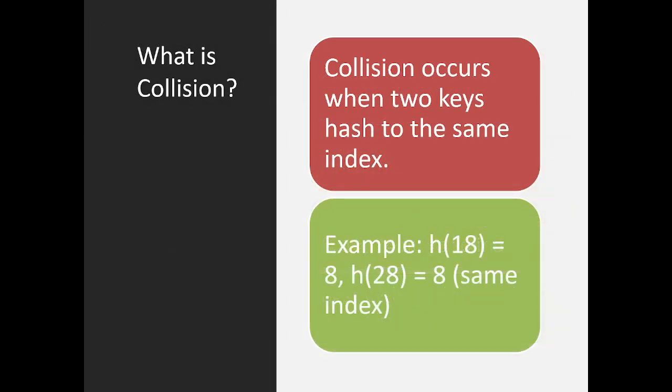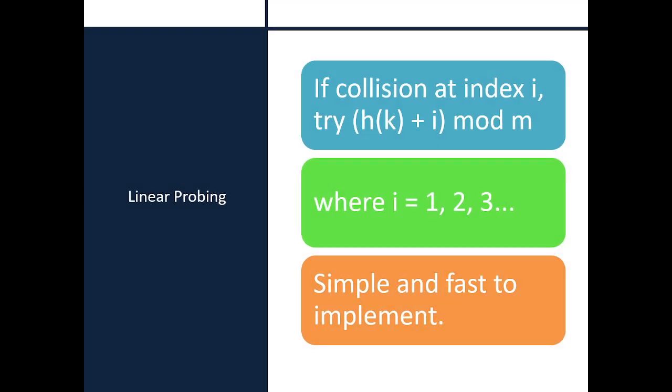Now we're going to talk about the collision. A collision occurs when two keys hash to the same index, like 18 and 28. Both of them will hash to the same index of 8. To deal with collision, there is the technique of linear probing.